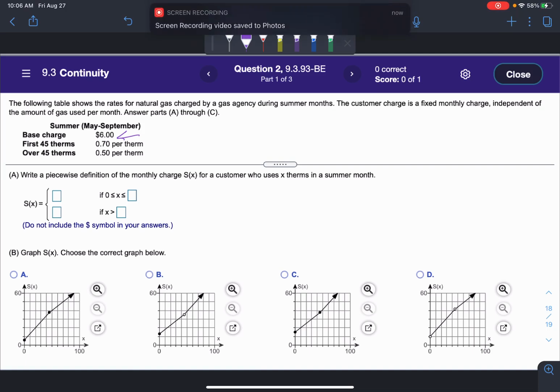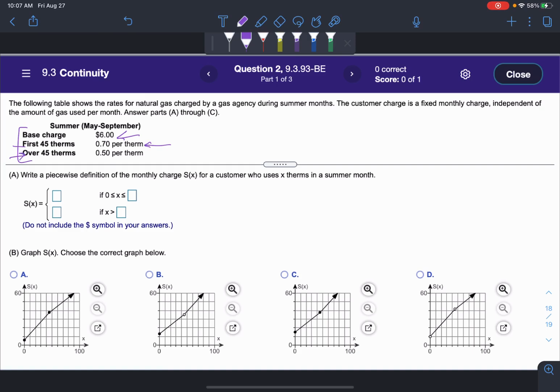So now we want a piecewise function. We have a piecewise function where we're concerned about some x value between 0 and a threshold, and then x greater than that threshold. So we get our threshold from this table, right? We notice that the first 45 are this price, but then if it's over 45, then it's this price.